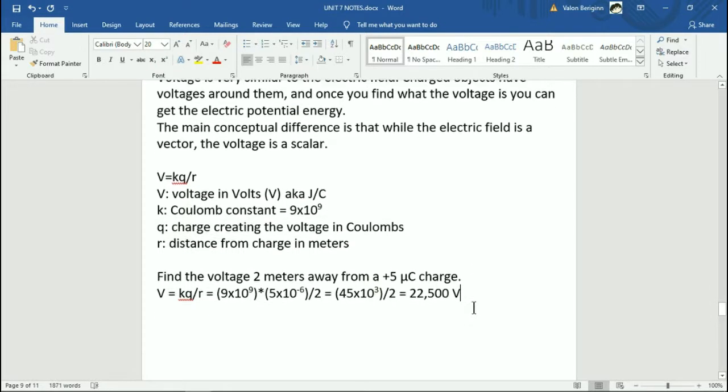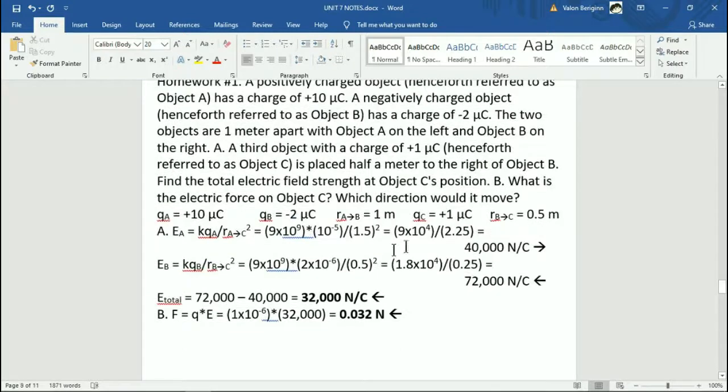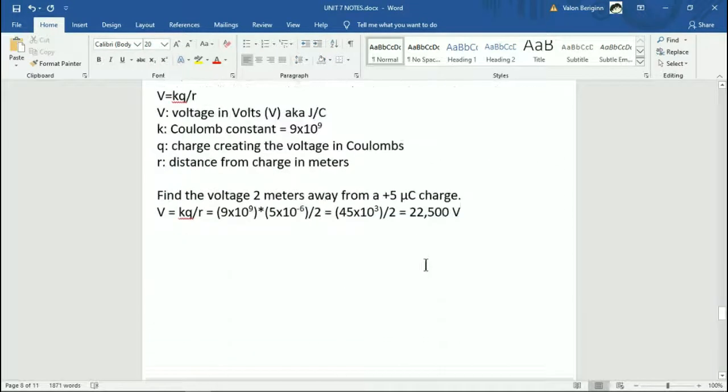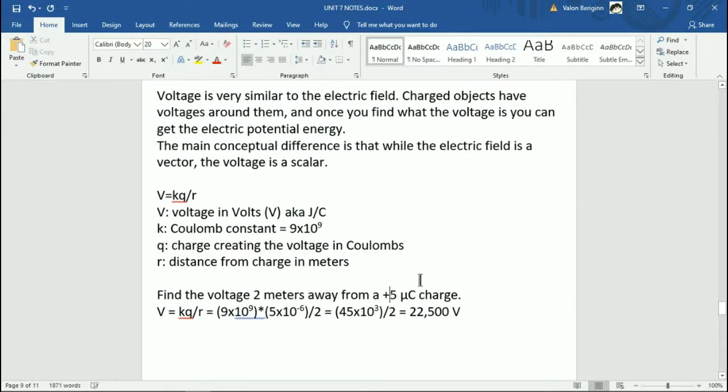Pretty straightforward in that sense. Now, you might be wondering, what if it's a negative charge? Before, for the electric field, I said if it's positive or negative, don't worry about that, it comes out in terms of direction. But voltage doesn't have direction. It's a scalar. So what if this was instead a negative 5 microcoulomb charge?